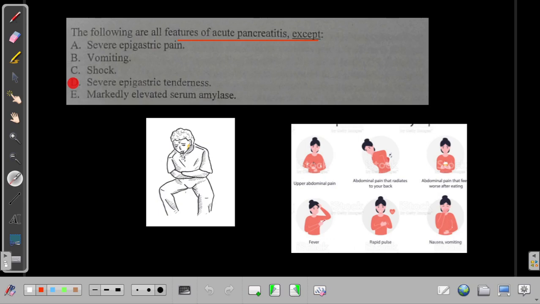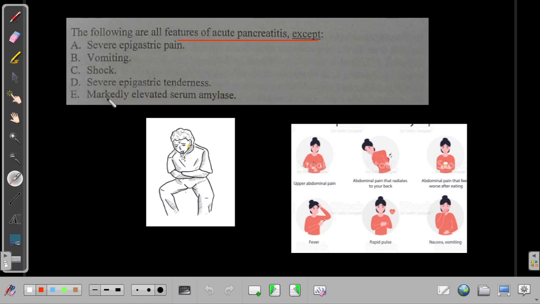When there is severe pancreatitis, you will get just mild tenderness on deep palpation of the epigastrium. But severe epigastric tenderness is not a common feature of acute pancreatitis. Go for D.